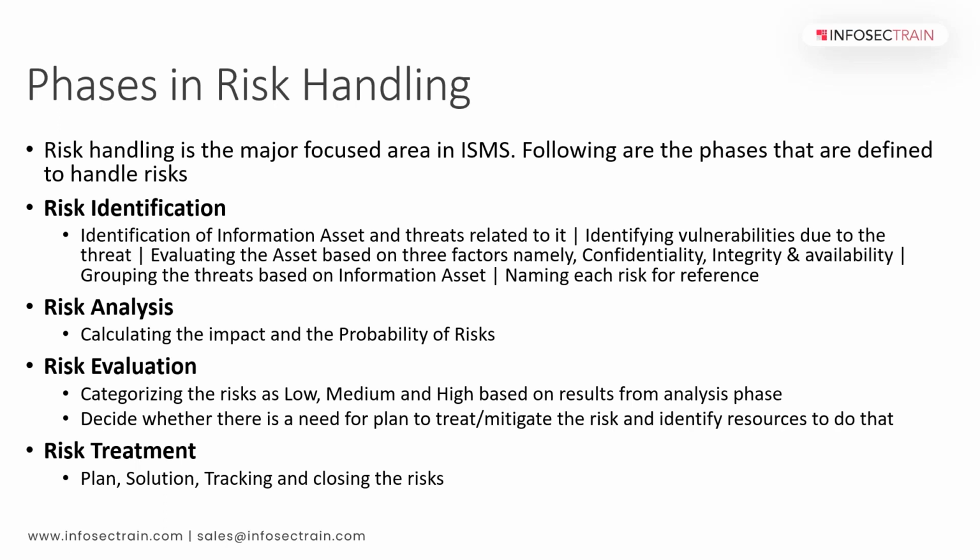Why do you want to prioritize? The reason is that when you are identifying risks, there are going to be hundreds of them. In an organization with around 200, 250 employees, if you start identifying risks related to information security, you will end up with 350 or 400 risks very easily. When you have 400 risks, it is not possible for any organization to come out with a risk treatment plan for every risk.